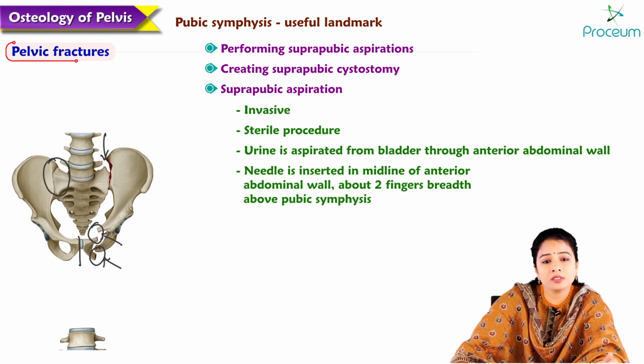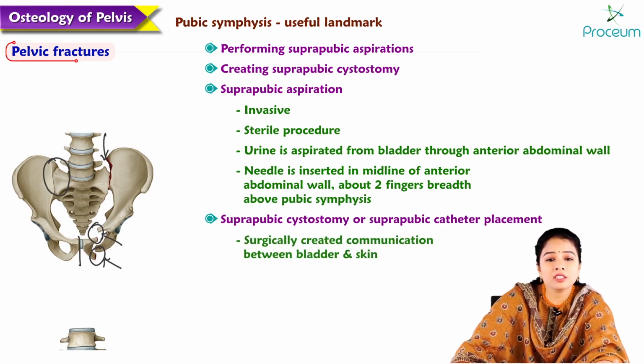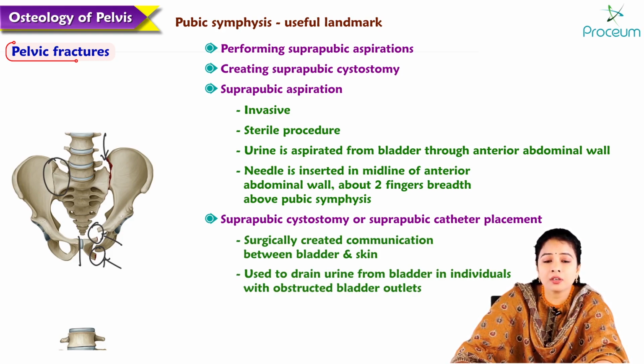The suprapubic cystotomy or suprapubic catheter placement is a surgically created communication between the bladder and the skin.